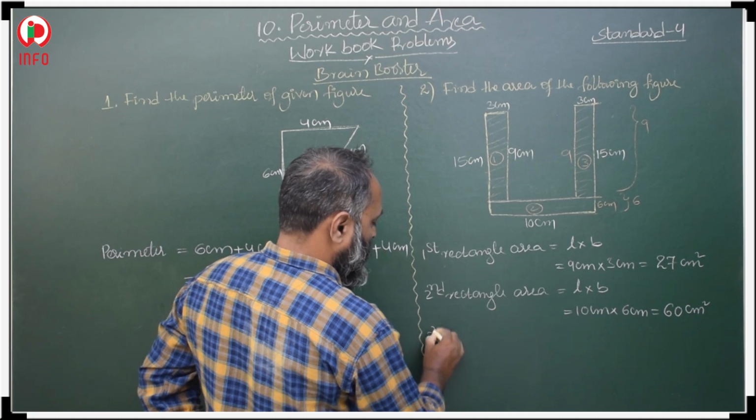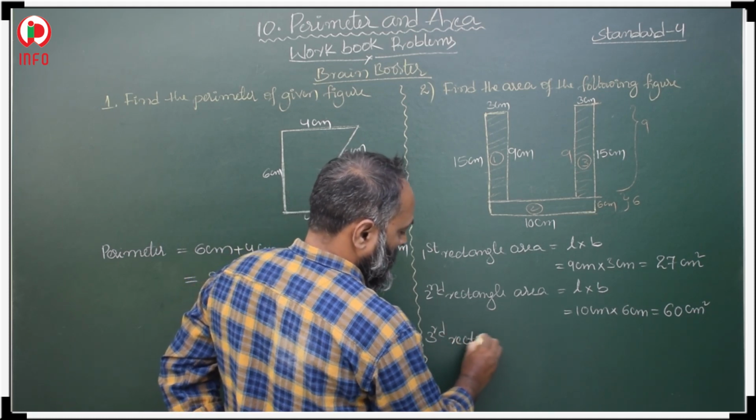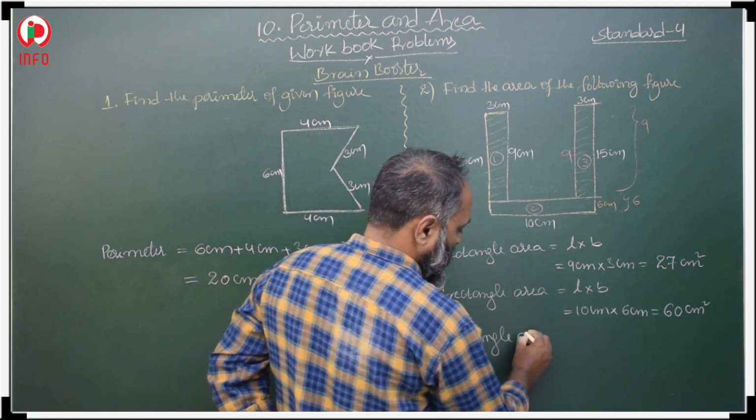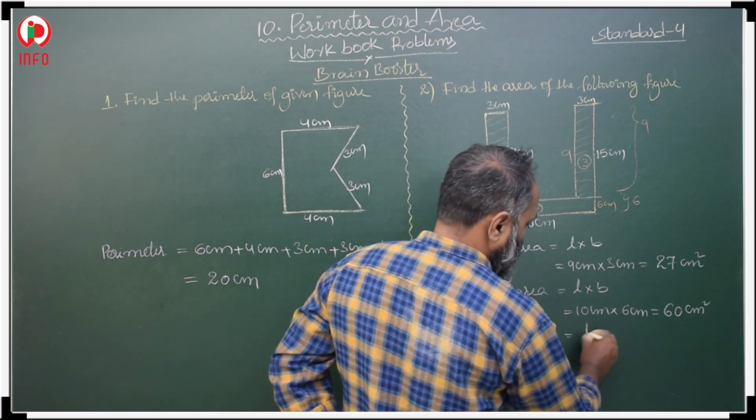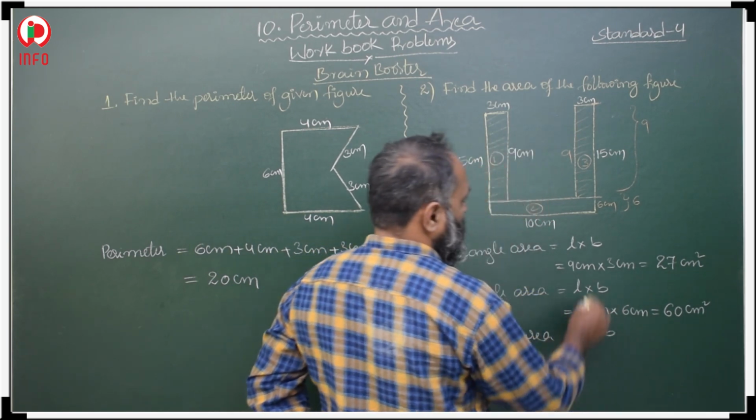Then the third rectangle area is equal to length with breadth. What is the length here?